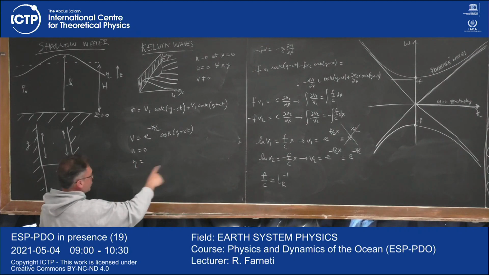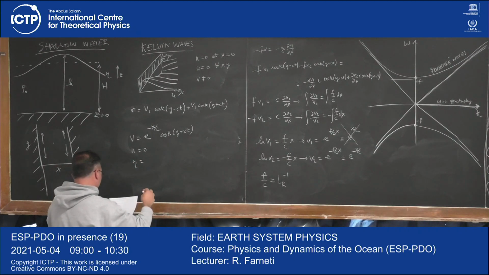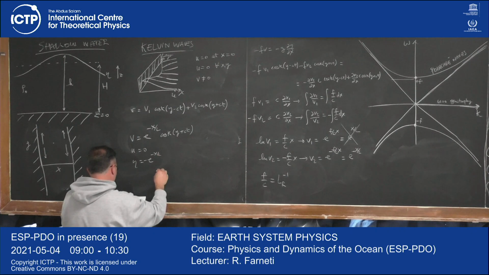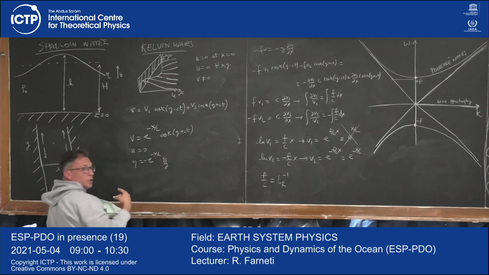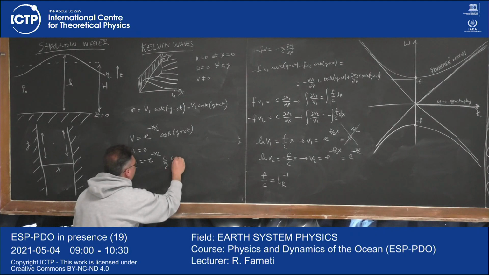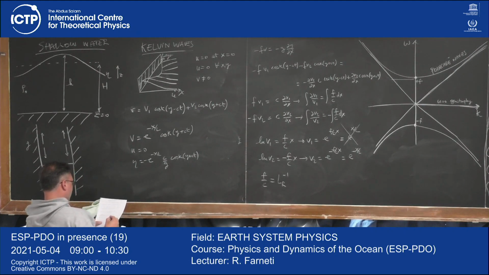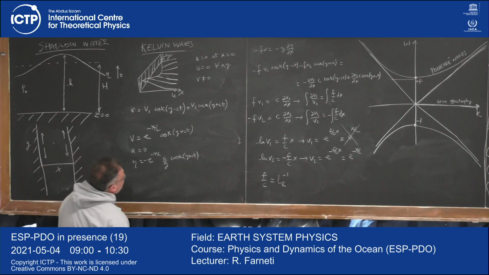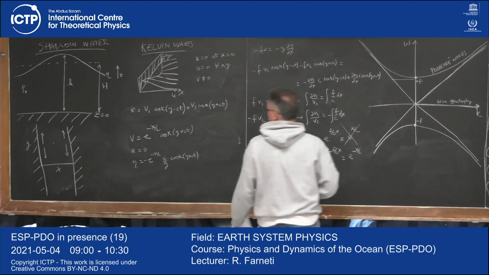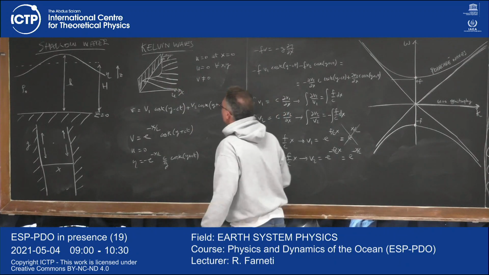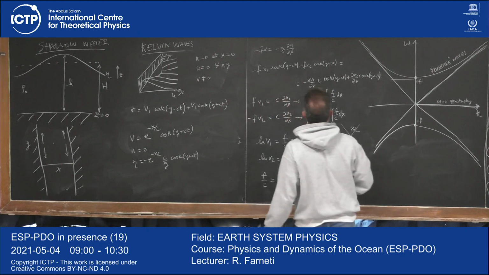And eta, if we substitute the meridional velocity with the second solution, the surface elevation, is going to be given as c over g, where c is the phase speed of a gravity wave, times cosine of (ky plus ct). So if you want to solve numerically and produce a nice map of a Kelvin wave, you just need to use this solution.